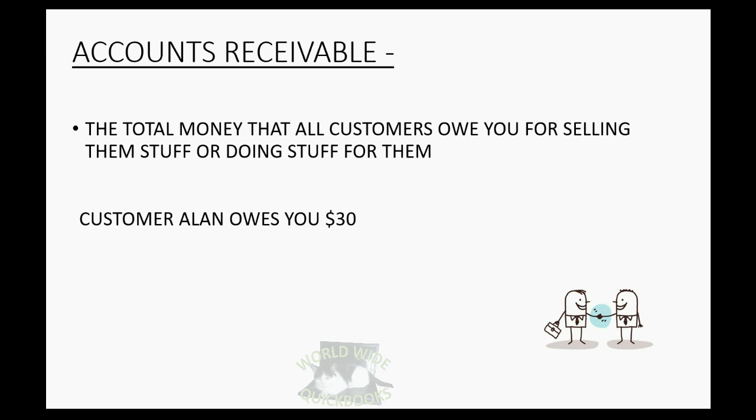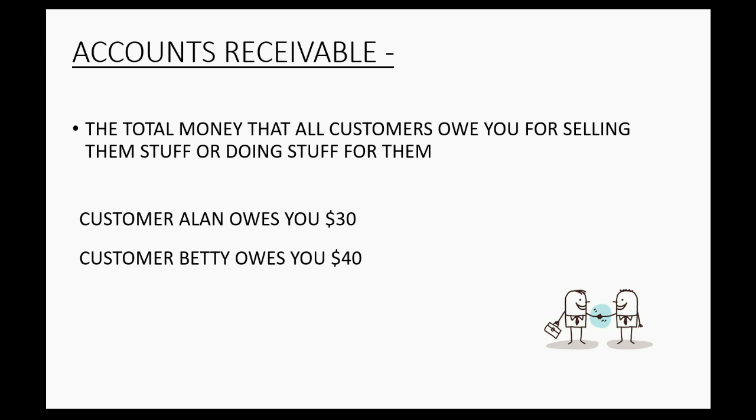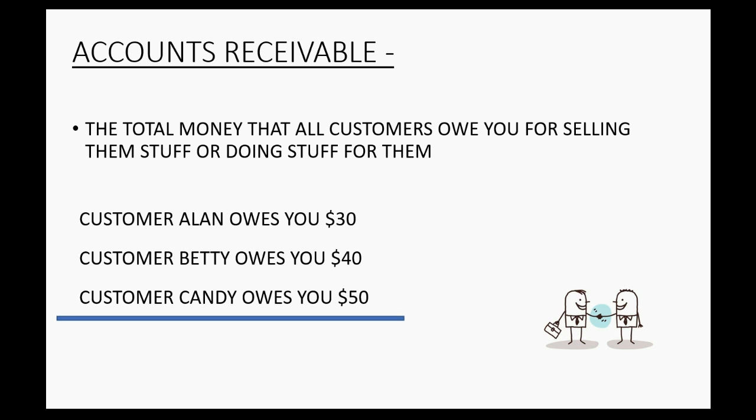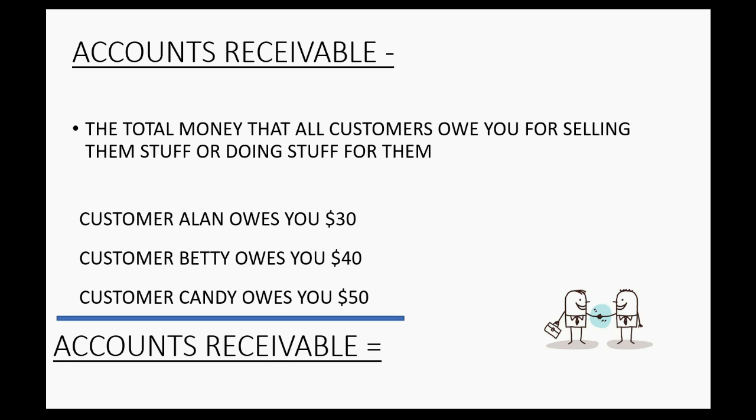If Alan owes you $30 for delivering a service in the past, and Betty owes you $40, and another customer, Candy, owes you $50, then in that case, the balance of accounts receivable, the T account, at this moment should equal $120. That's the reason for it. It equals the total balances of all customers at any given moment.